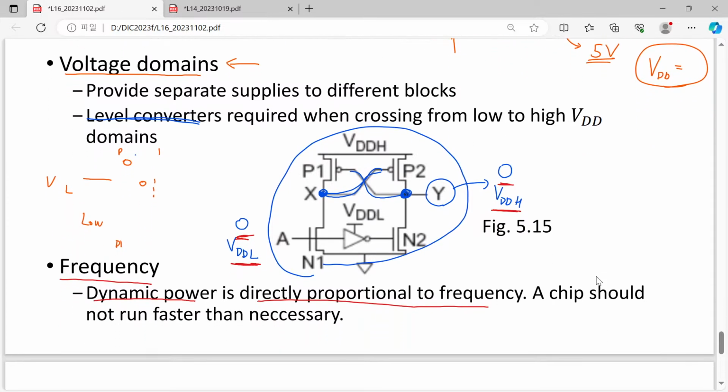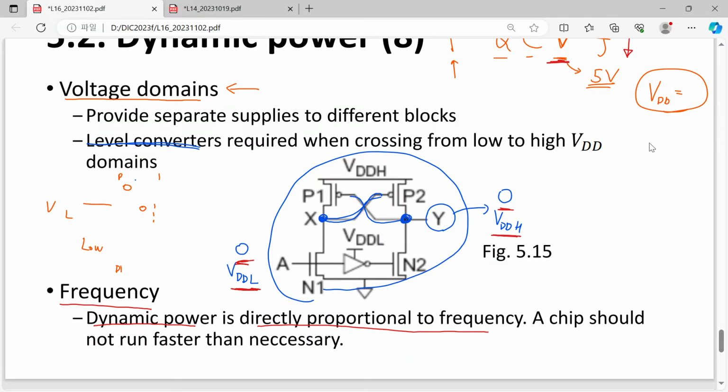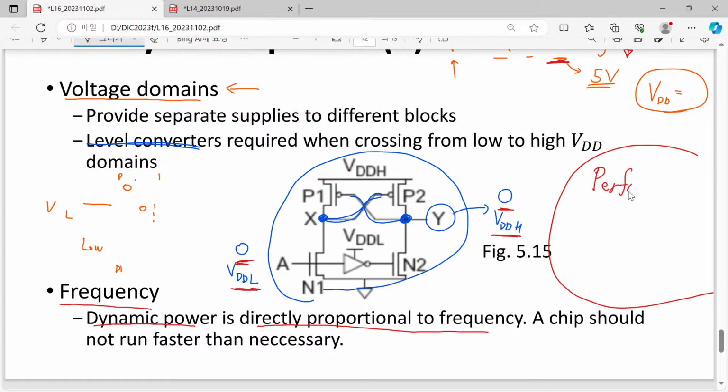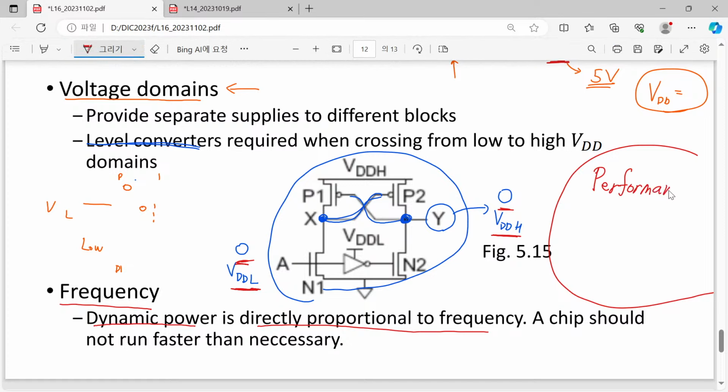And another, most important thing from our viewpoint, is the performance seen by our customers.